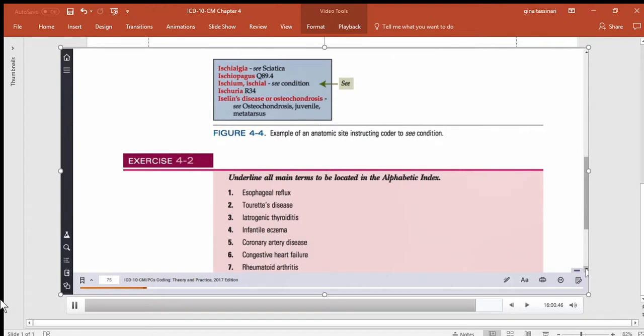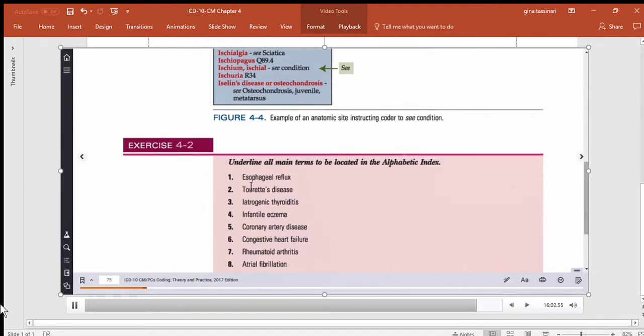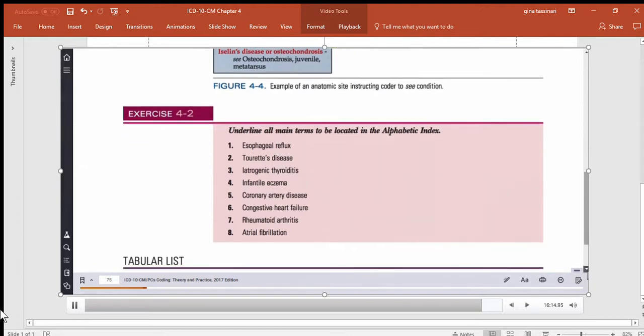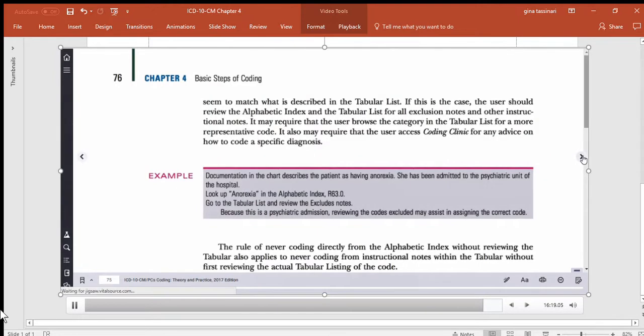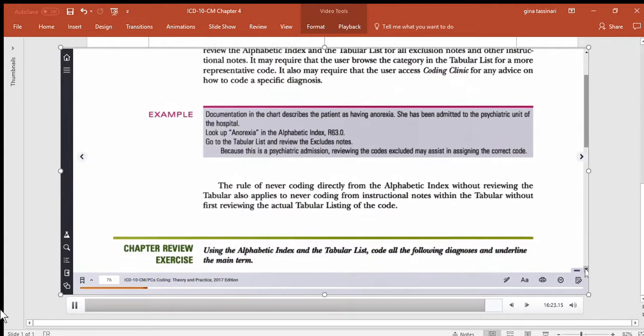Now throughout the chapters you are going to have these exercises. You could use these exercises as practice questions. I will have the answer keys for them already loaded into the weekly work up on the Blackboard course space. I want to scroll down.